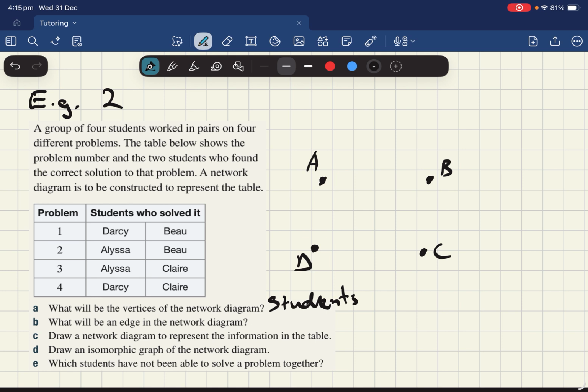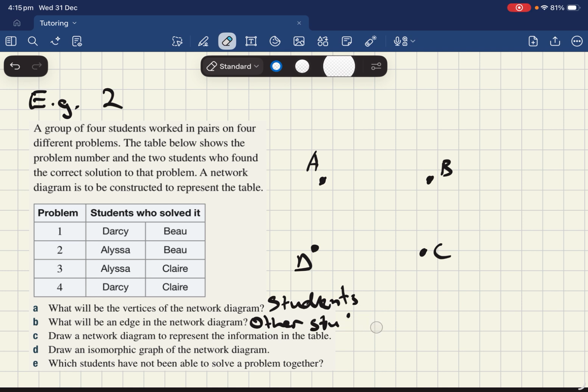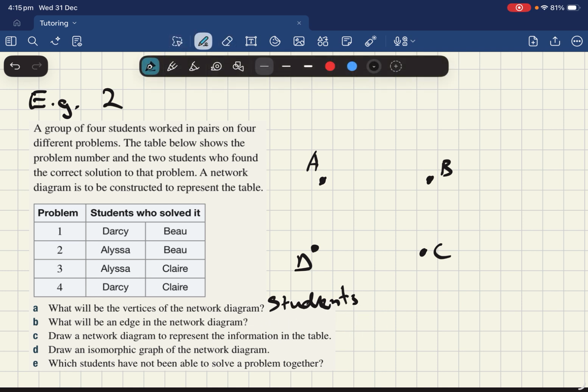Now, the edge in this network diagram is going to be the other student who they were able to solve the problem with. So, other student who they solved the problem with. Let's actually fix this up. I'll make the writing a little bit smaller. Let's simplify it. Let's just say problem solved.